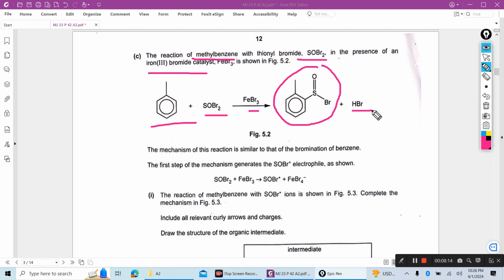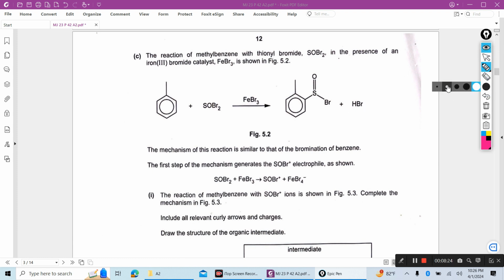This is an electrophilic substitution reaction. The mechanism of this reaction is similar to that of bromination of benzene. The first step of the mechanism generates the thionyl bromide electrophile as shown here. The SOBr+ ion is known as the electrophile.